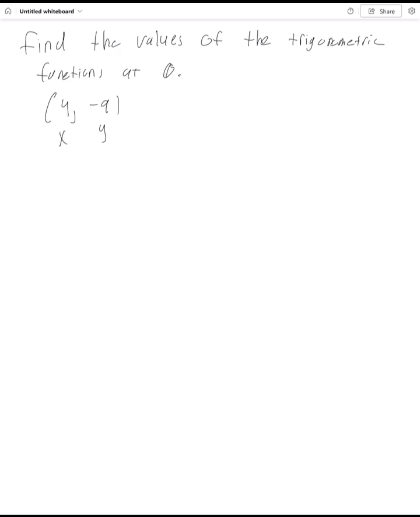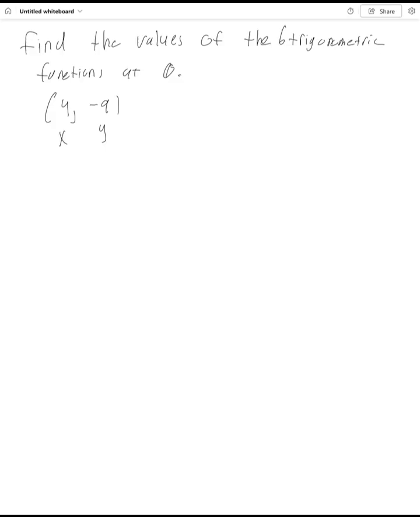We have an x value and a y value. These are our terminal points, given for our unknown angle theta. And we have to find the values of the six trigonometric functions at theta.